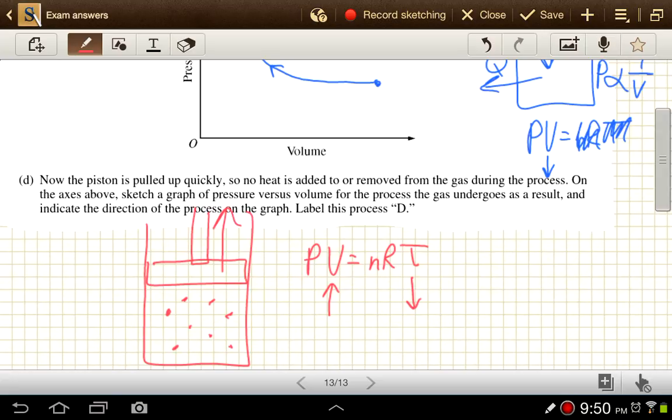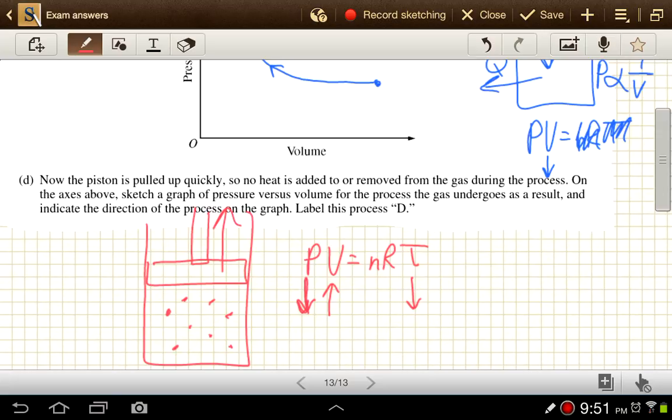If we did this slowly, we would just have heat flowing in from the outside. We would have heat in like this. But it tells us specifically we have no heat flowing in from the inside. So temperature is going to decrease. And so if we have both volume increase and temperature decrease, then pressure must decrease also.